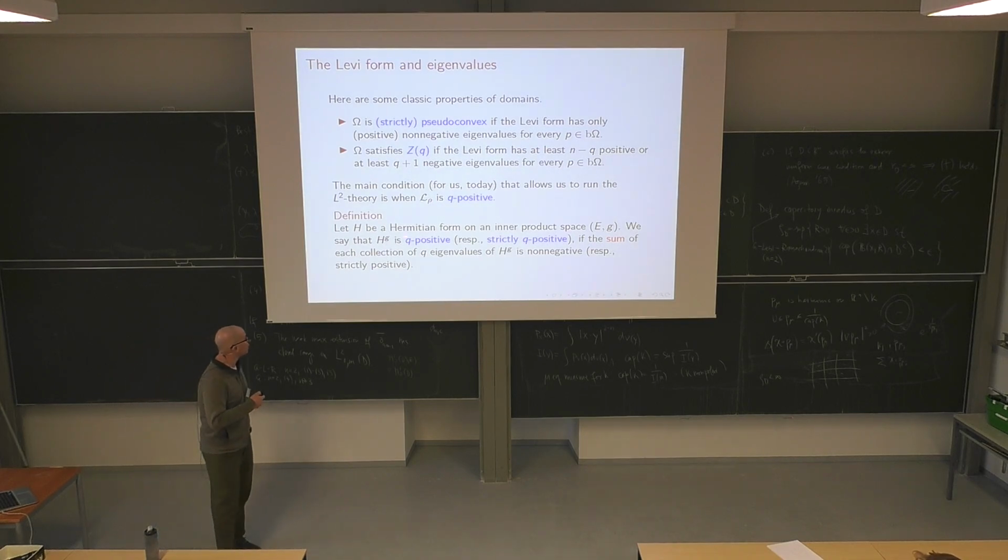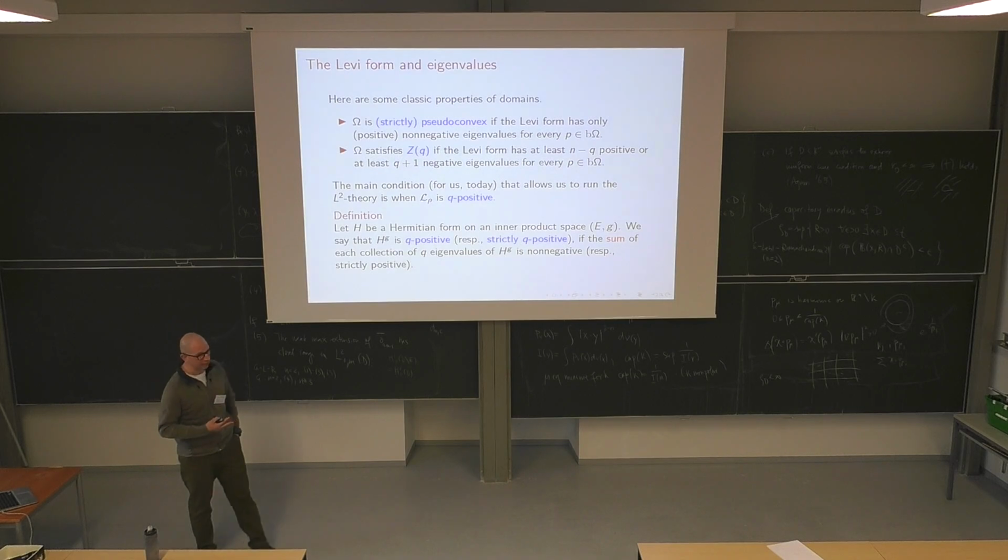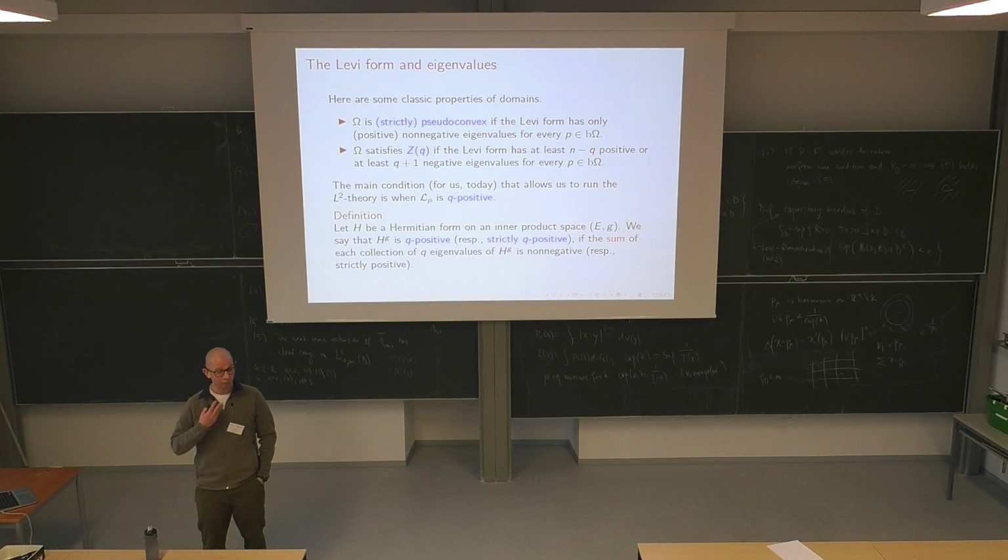We say that H is q-positive, respectively strictly q-positive, if the sum of each collection of q eigenvalues is non-negative, respectively strictly positive. So the sum of the smallest q eigenvalues is either non-negative or positive.